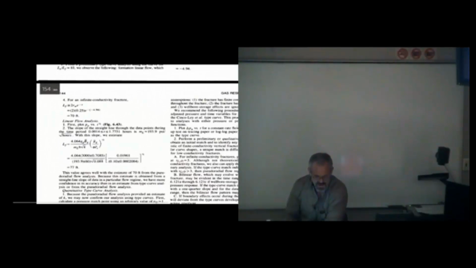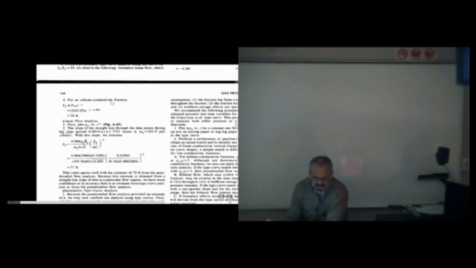I'm using this equation right here: X sub F divided by 2 equals RWA. I didn't do the derivation for that, and so I don't have an answer for you. But that's the equation I'm using.